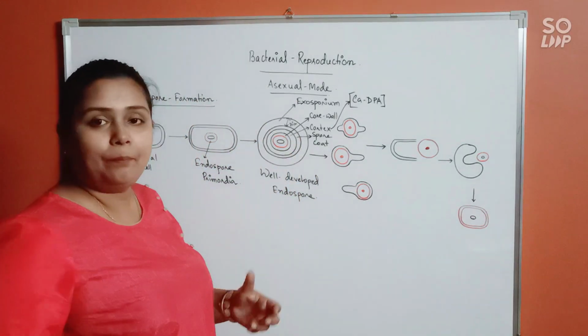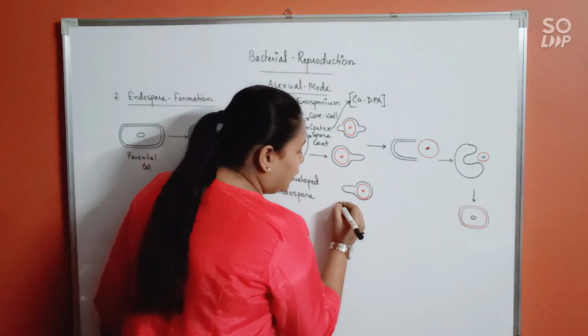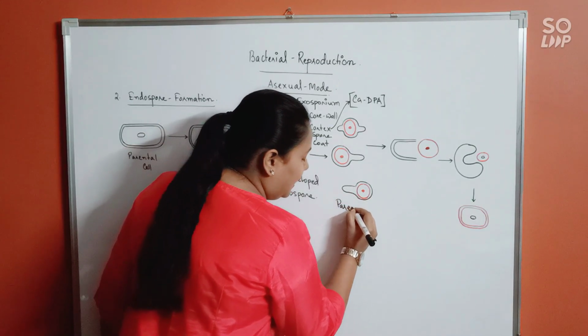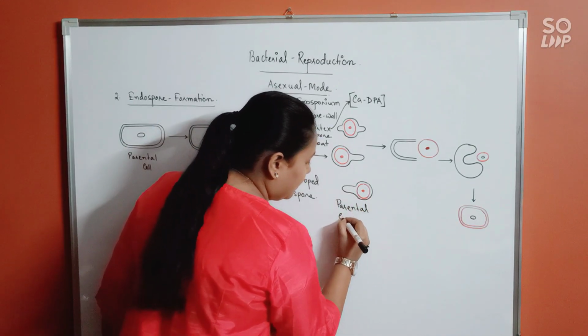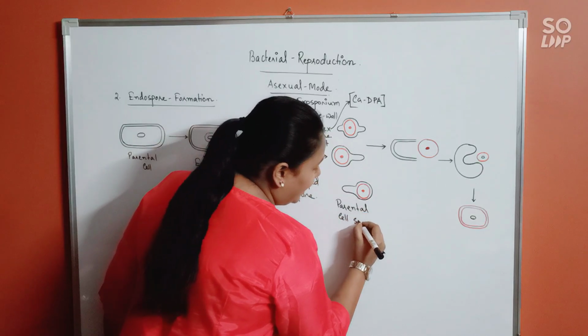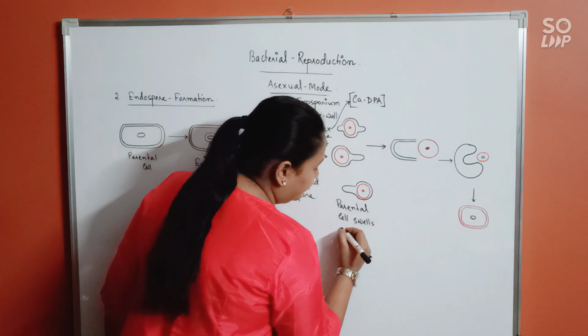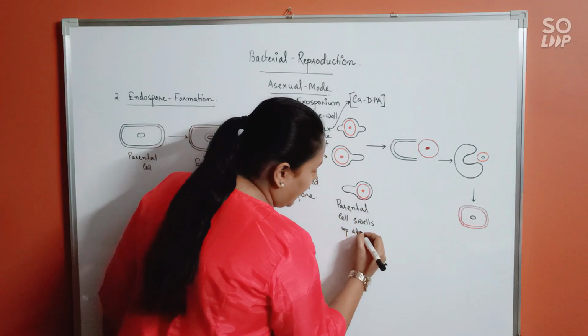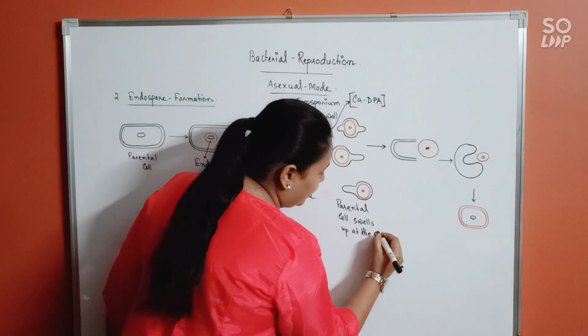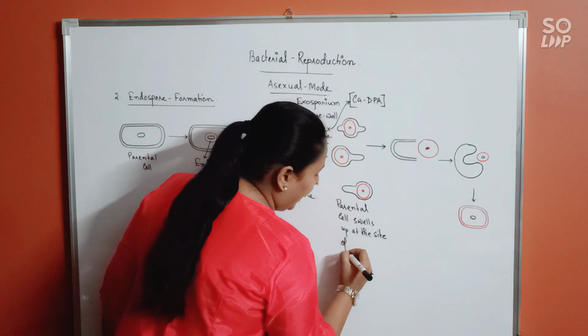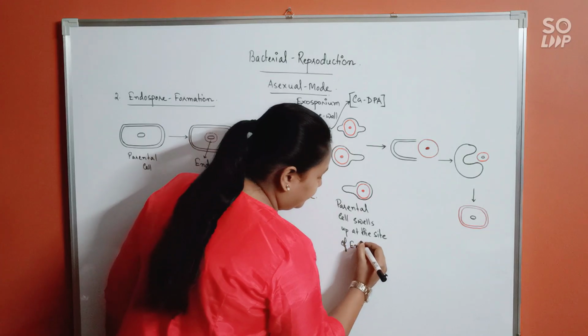They have swollen up the parental cell. So the parental cell swells up at the site of endospore formation.